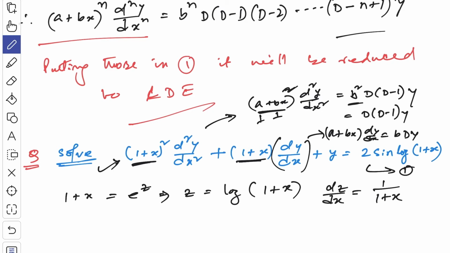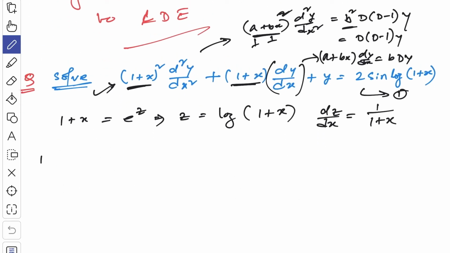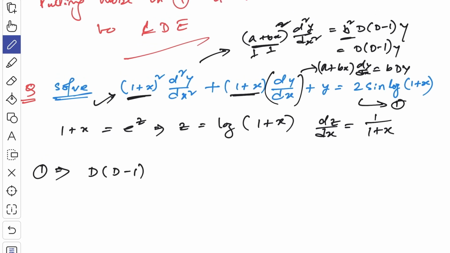Then this equation number 1 will be reduced to D into (D minus 1) y.